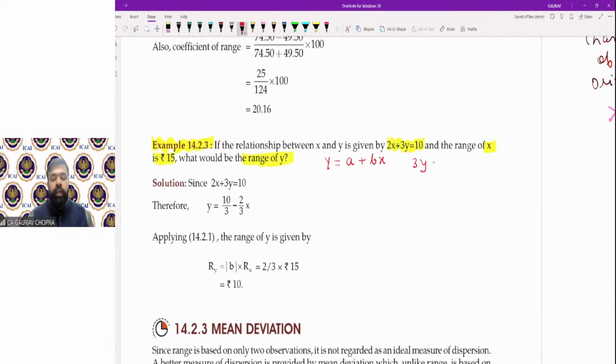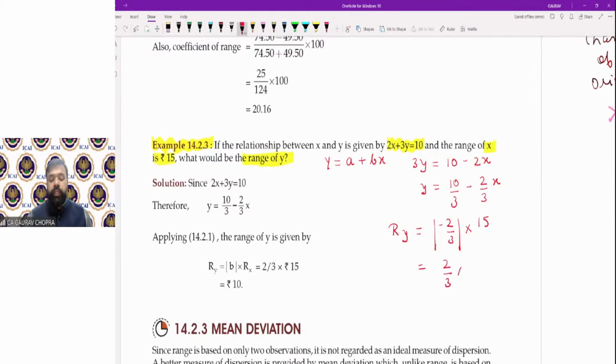So 3y is equal to 10 minus 2x. Therefore y is equal to 10 by 3 minus 2 by 3x. So how will you find the range of y? Mod of b into range of x.